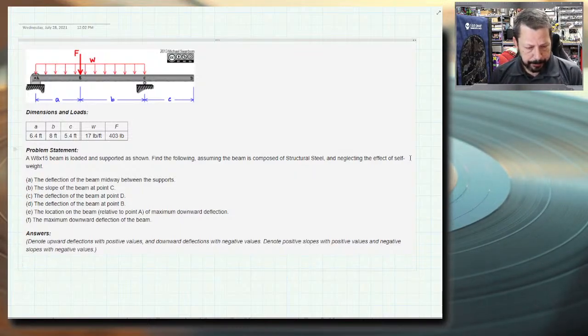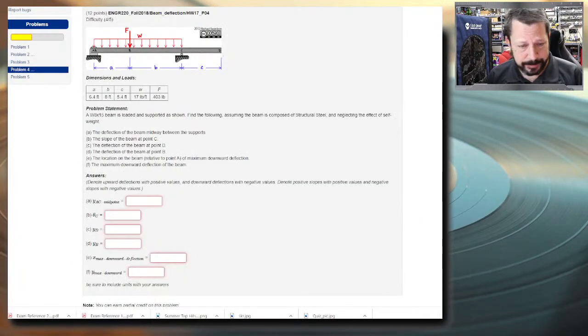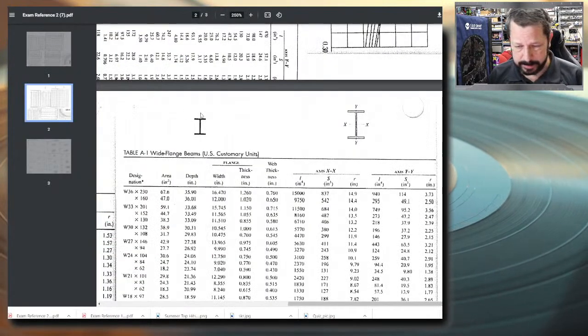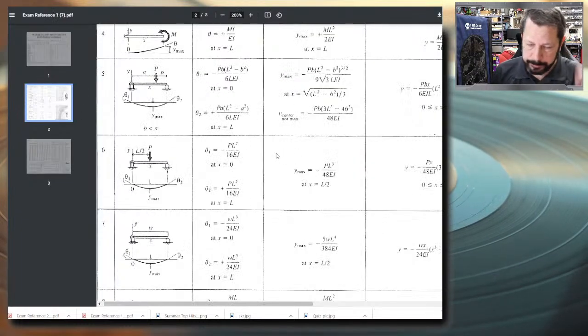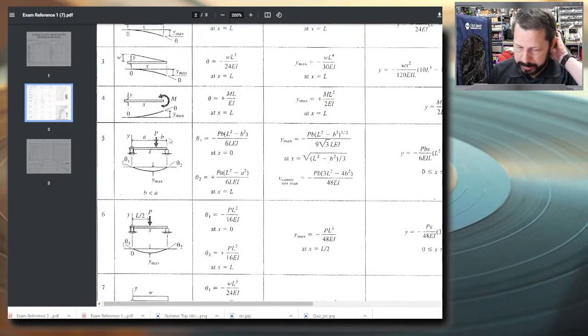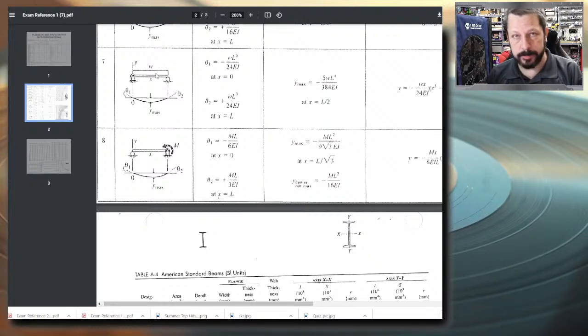All right, so first part, A, the deflection of the beam midway between the supports. Okay, so we're going to need our reference sheets, aren't we? We're going to need the ones that have our beam equations on it. There they are. So we have a case 5, an offset or eccentric point load, and a case 7, distributed load.